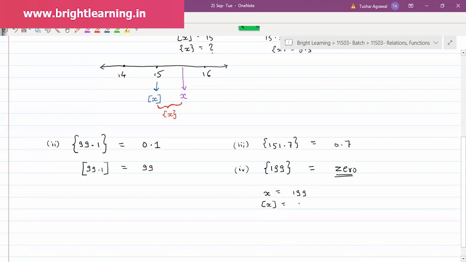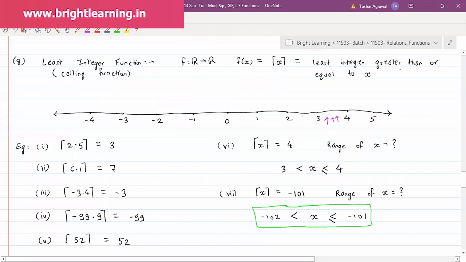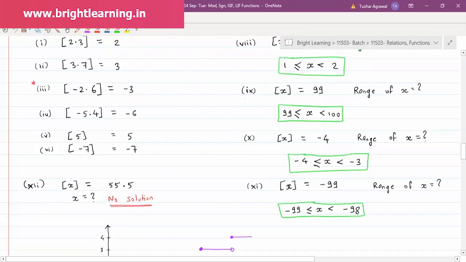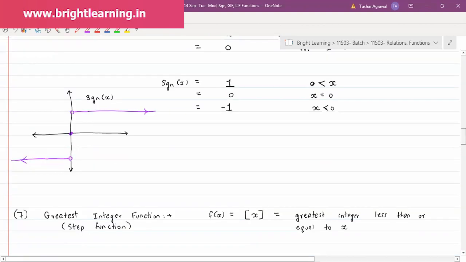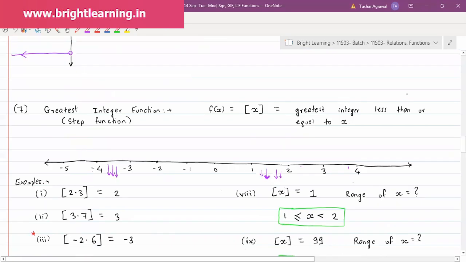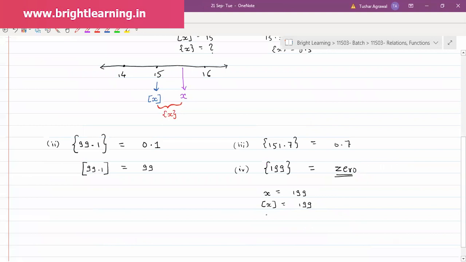My step x is again 199 only. It is not 198. The greatest integer function is the greatest integer less than or equal to x. The least integer function is the least integer greater than or equal to x, and the greatest integer function is the same thing, but the greatest integer less than or equal to x. Equality is allowed. So here step x will be 199 only. So can I say the fractional part will be 0?